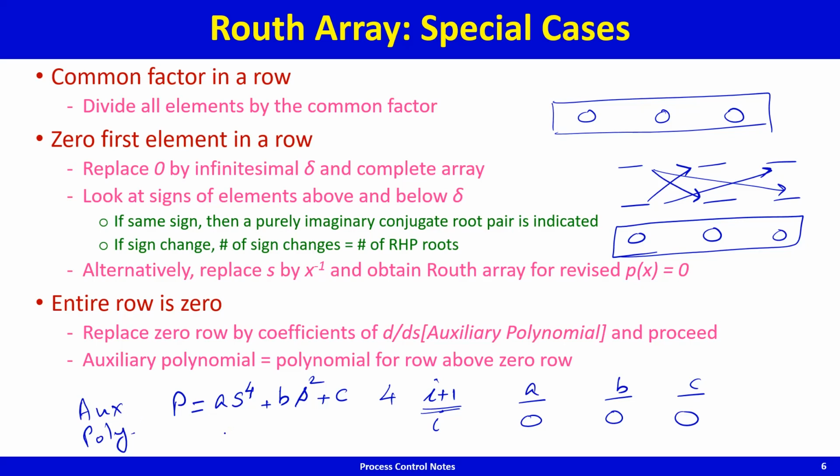And then what you do is replace the elements of the 0 row with the coefficients of the polynomial that you get after differentiating the auxiliary polynomial. So if I differentiate the auxiliary polynomial, I'm going to get 4A, 2B and 0, of course. And then you continue with the elements replaced by the derivative of the auxiliary polynomial. So this is the procedural aspect.